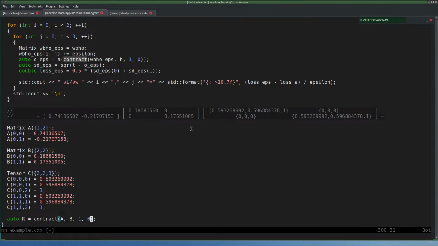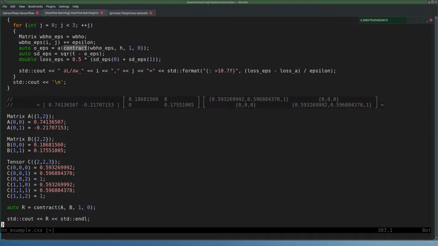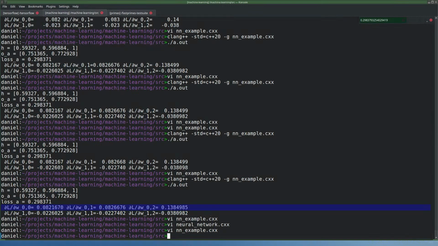And this is that thing times that thing. Or is it? I mean, what does that give me? I don't even know. Let's just print it. Just A times B.